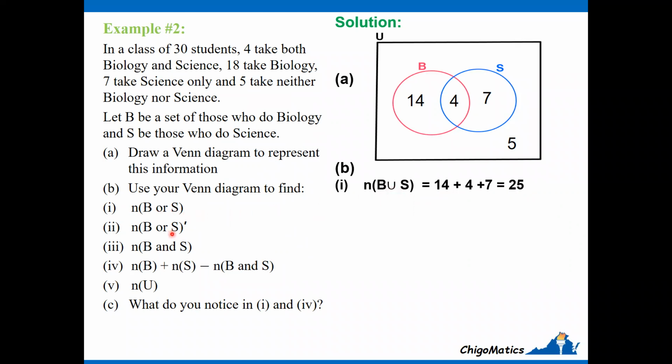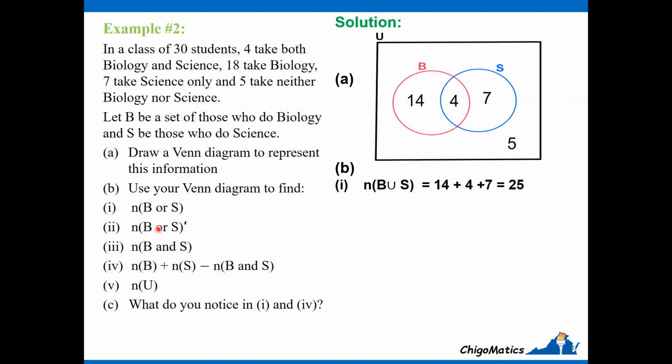The union, or the word "or". Then Roman figure 2, we want the number of elements in B or S complement. That means we want those who are not doing biology and science. We are saying here are the students who are doing biology and those who are doing science.